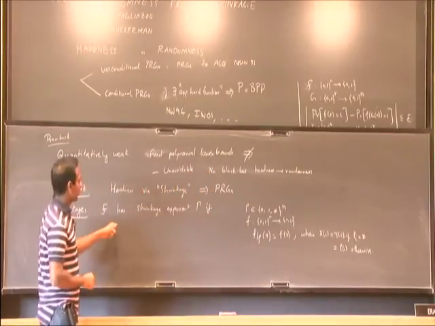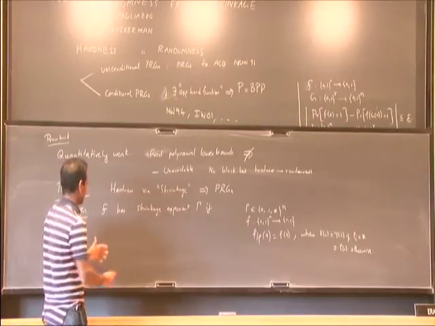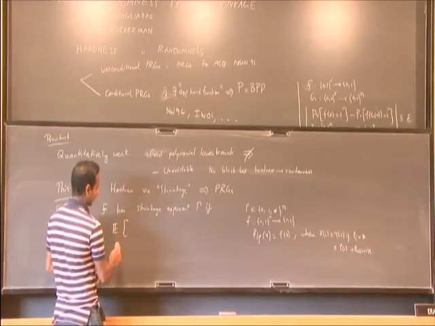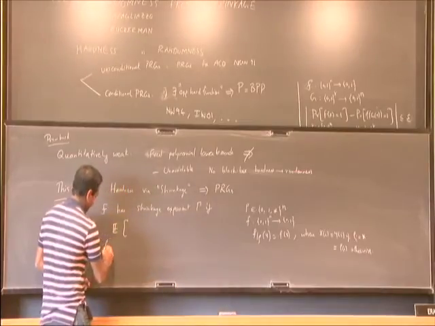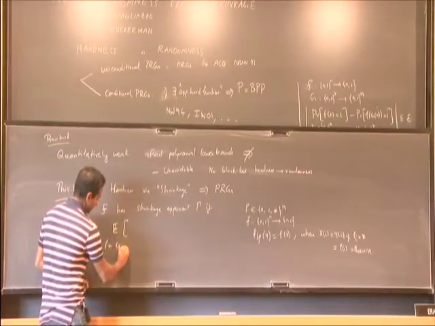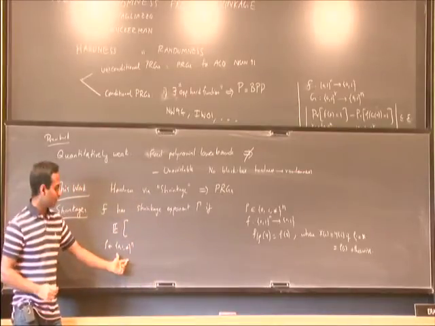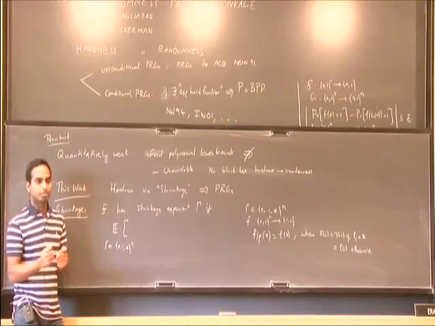And we'll say a class of functions has shrinkage exponent gamma if the expectation, so we'll look at random restrictions, where the probability that each coordinate is star is p, where p is some parameter.